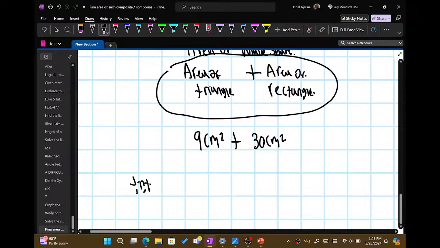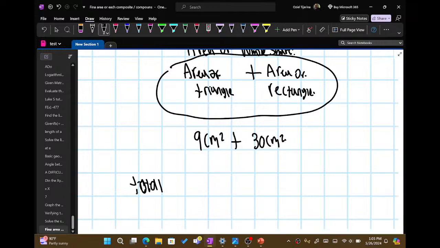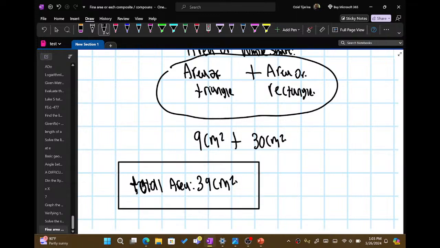So the total area will be 39 centimeters squared. And that is the total area of this shape here. Okay.